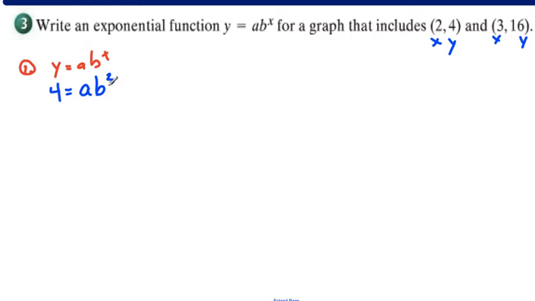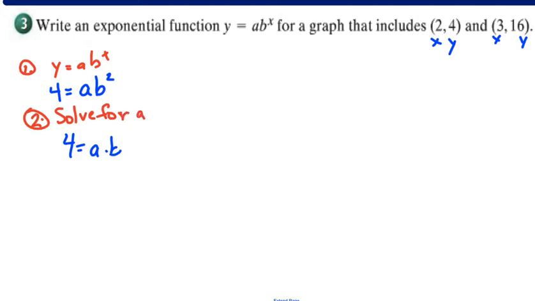It doesn't just disappear. Okay, we still want to solve for a. All right, so we have 4 equals a times b to the, oh, b squared, sorry, not bx. I'm going to go ahead and clean that up.